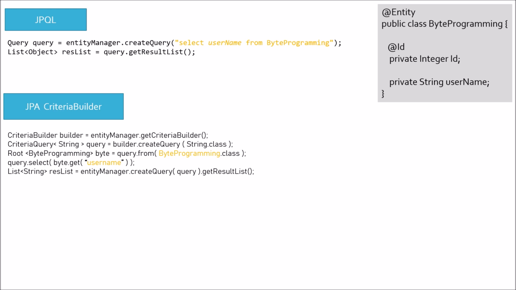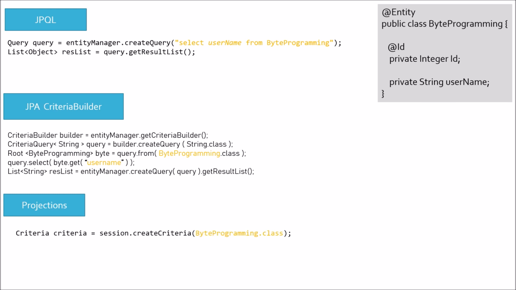If you see the projection of Hibernate, that is a pure basic of Hibernate to fetch the columns, then the syntax would be session.createCriteria, passing the model as ByteProgramming.class, and criteria.setProjection, Projections.property username, that is my column name.